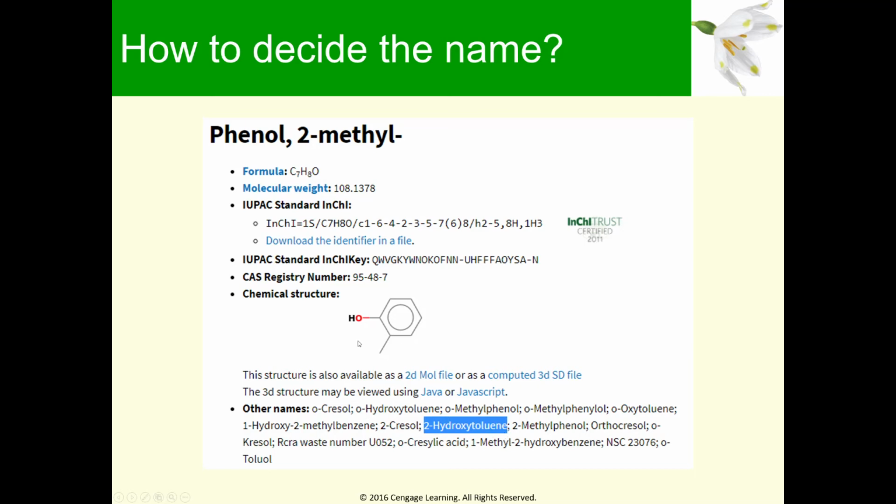So you'll see that these nomenclatures aren't always used, but they're used enough that you have to know what they mean. Okay? So 2-methyl means 1, 2, and because this is phenol, that means the OH is at carbon 1. But people are also calling this o-hydroxytoluene.